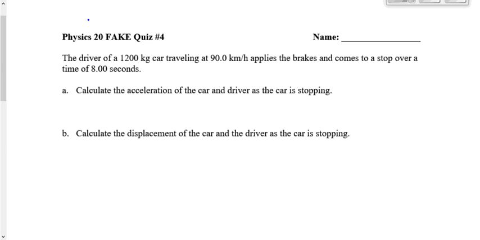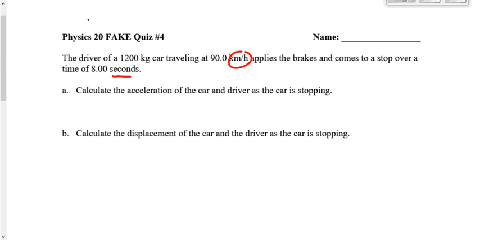This one says a driver of a 1,200 kilogram car traveling at 90 kilometers per hour applies the brakes and comes to a stop over a time of 8 seconds. I'm going to circle this kilometers per hour to draw attention to the fact that I need to convert that. If this is just a group A problem, where we use v equals delta d over delta t, I could leave it in kilometers per hour and convert this to hours.